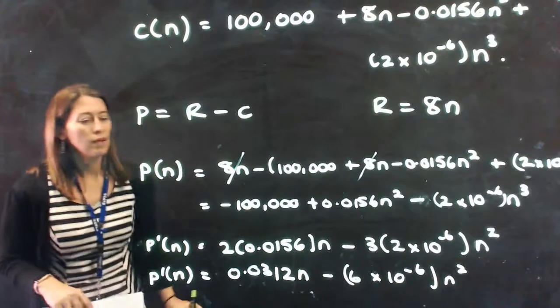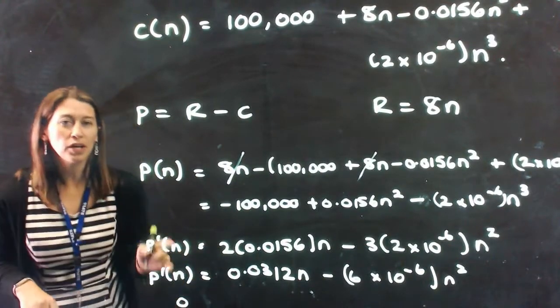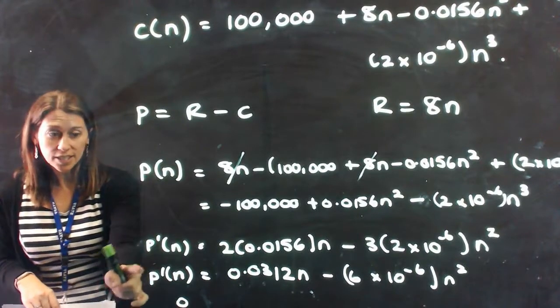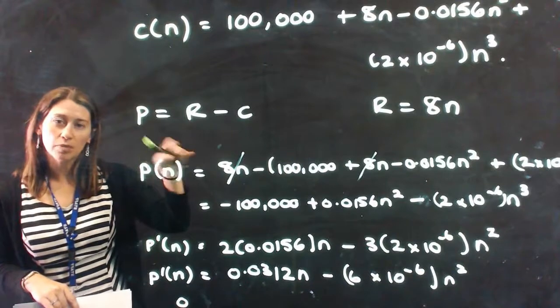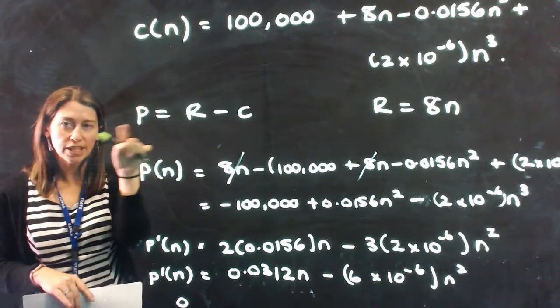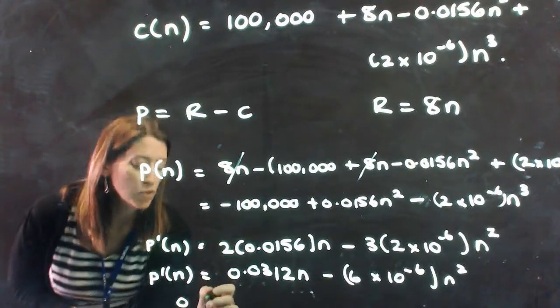Now what I can do is put it equal to 0, because remember, when the gradient of something is equal to 0, that's where our maximum or our minimum is occurring, because the gradient at the maximum and the minimum is flat, 0.